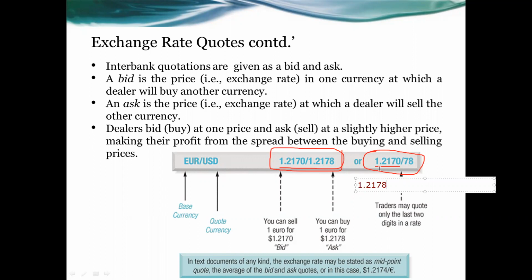So it is our duty to know if it is the buying rate, 1.2170 and this should be 1.2178. 70 is the buying rate, and 78 should be the ask rate. So that's the way we normally take it. So this is the representation of that last digit. Normally we don't write like this.